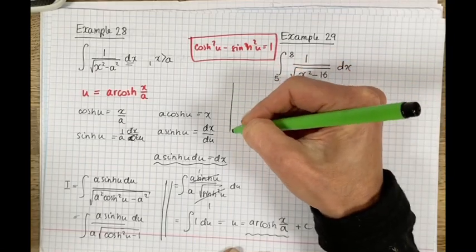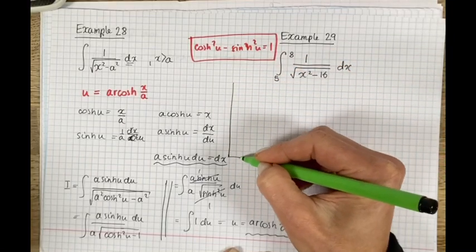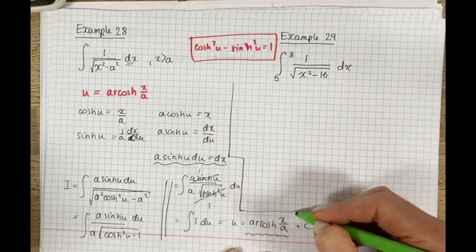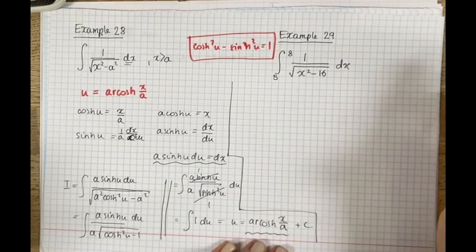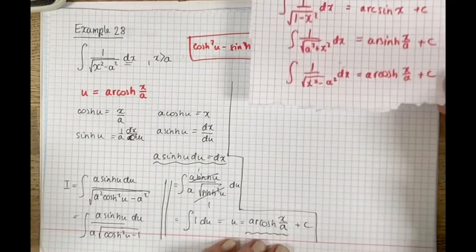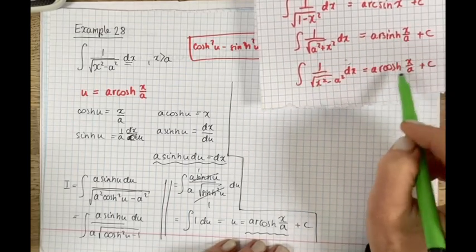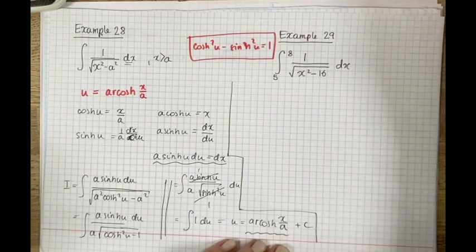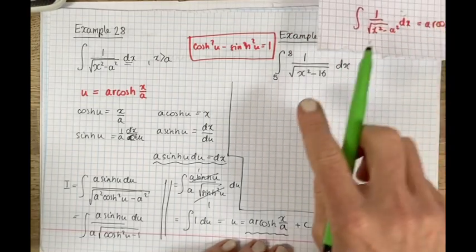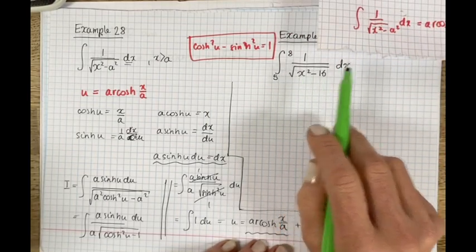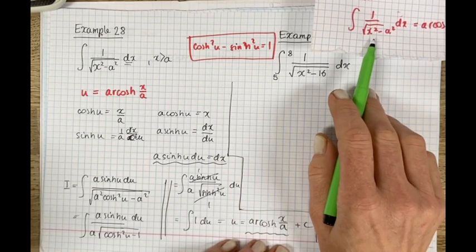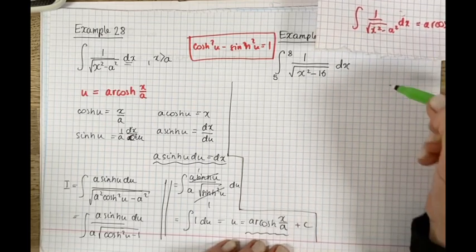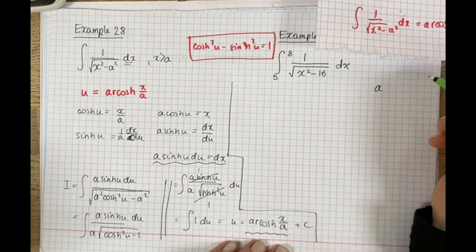Okay, so hopefully you've got enough room to do example 29 on this piece of paper. If not, we'll just have to use another. I've already shown you that these two are in the formula booklet, so we've got to use one of those to answer our question in example 29. You're going to use x squared minus a squared, the one that we've just proven.